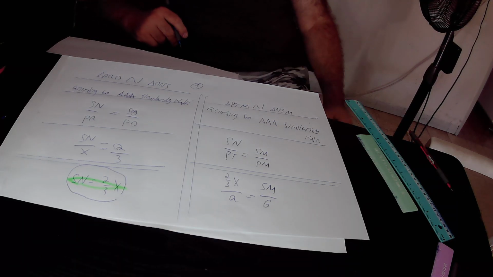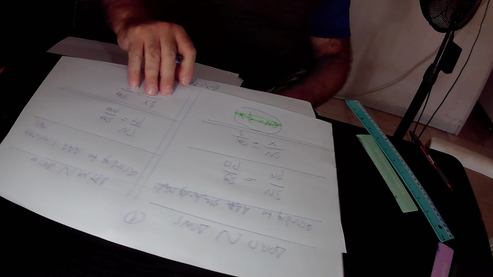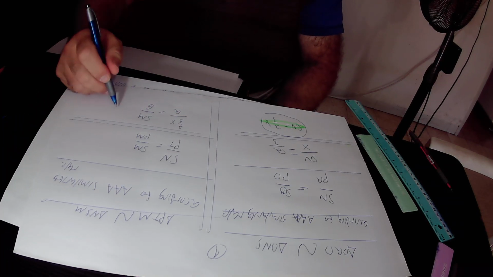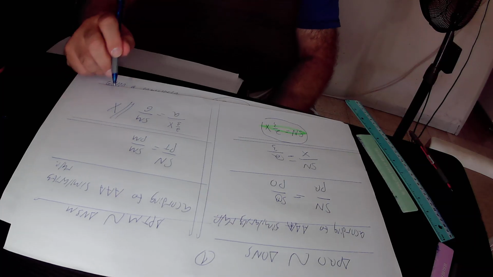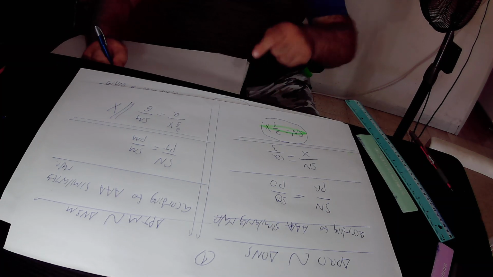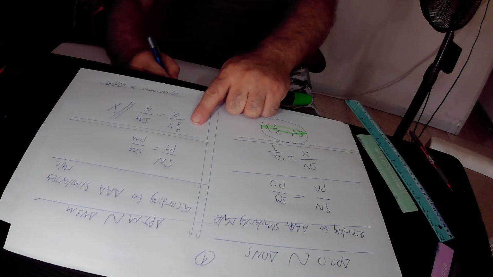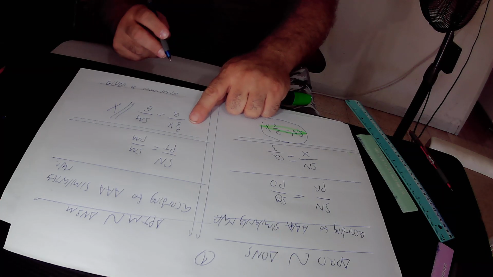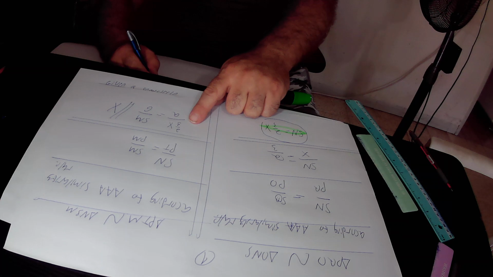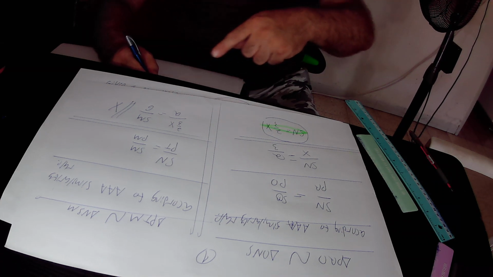Here we will cross multiply this equation, and we'll get that 6 times 2/3 x equals A times SM.